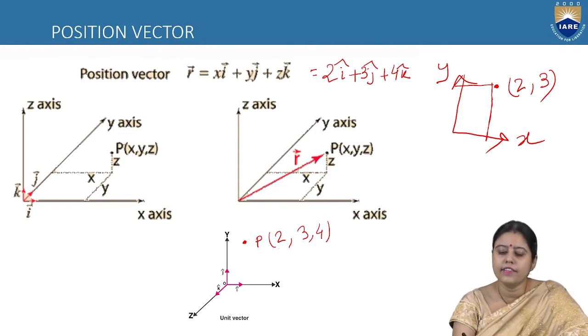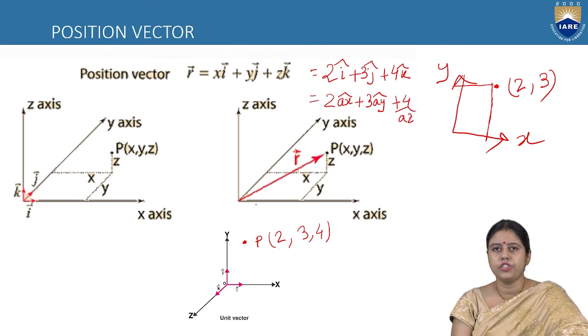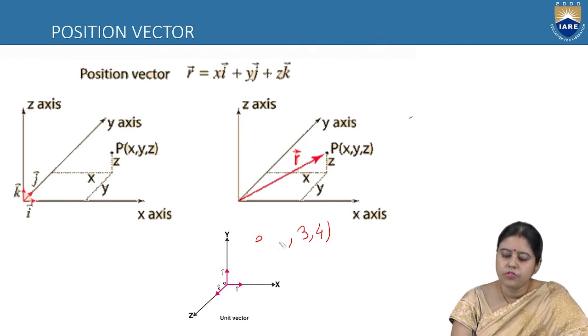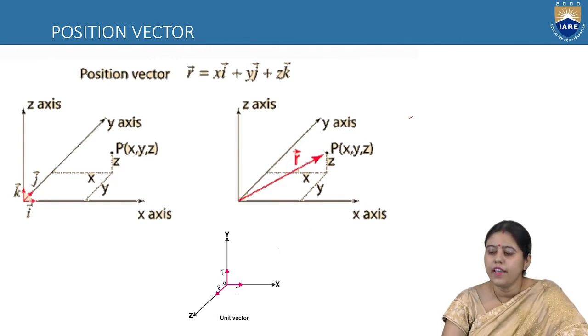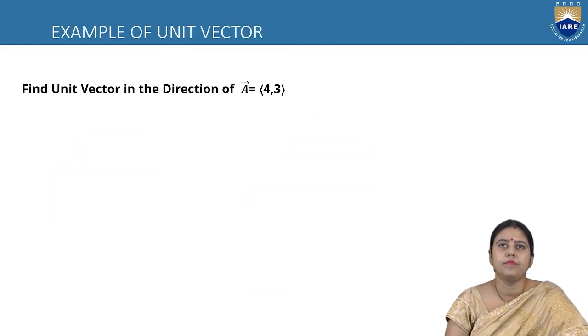Otherwise, in electromagnetics, we write it as 2ax cap plus 3ay cap plus 4az cap. So this is the position vector, and we can write it in x, y and z.